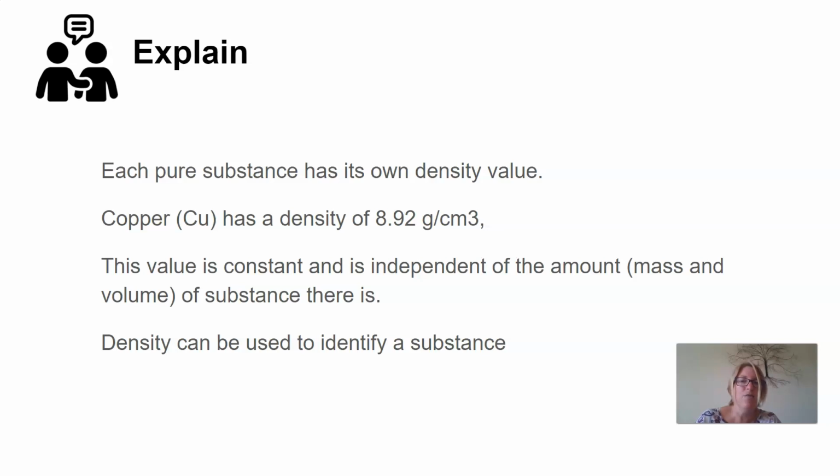So anything on the periodic table will have a density value. So for example, copper, which we represent with the symbol Cu, capital C, lowercase u, has a density of 8.92 grams per centimeter cubed. This value is constant.